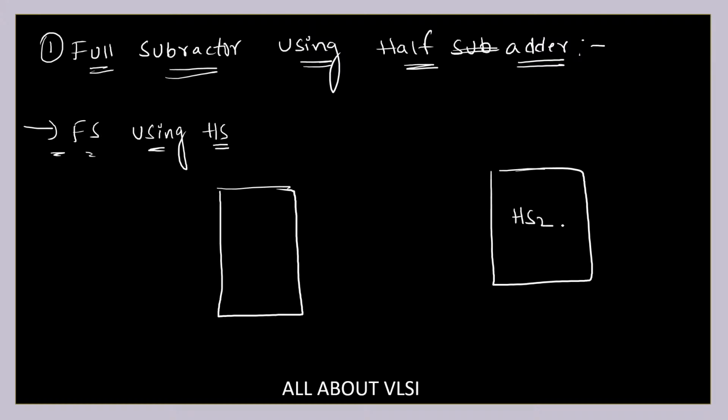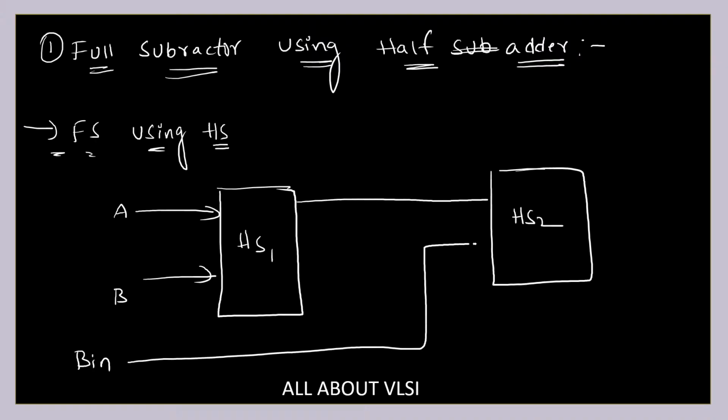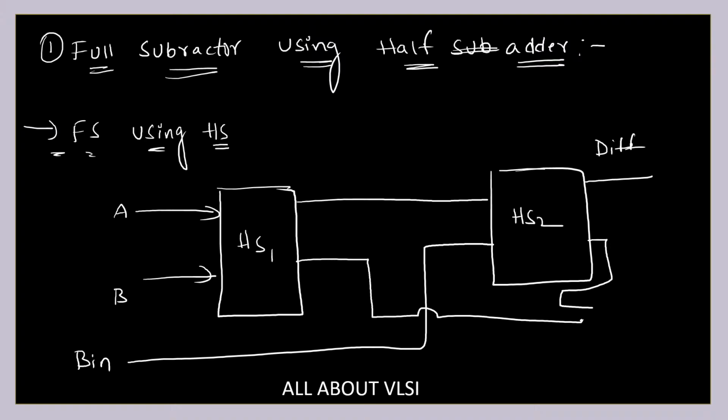This is half subtractor 2 and this is half subtractor 1, and I'm going to have A and B and borrow in. This difference is given over here and B in is given over here, right? And here I'm going to get difference, and borrow is being given from here. This is my full subtractor using half subtractors, right?